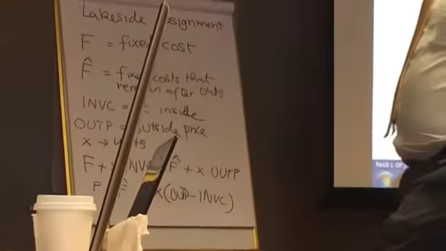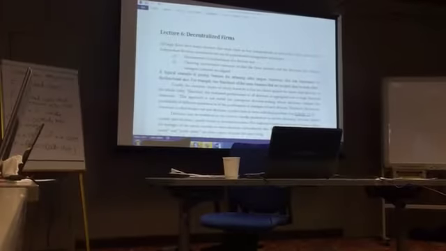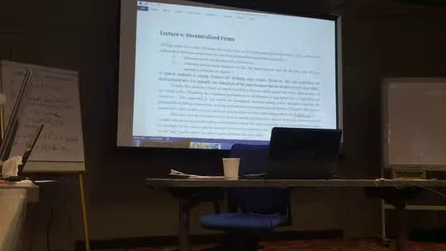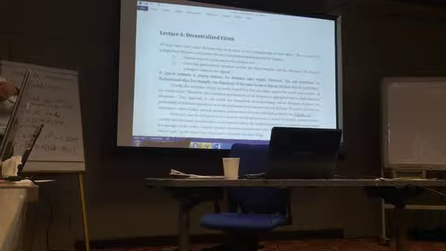So the basic thing in this chapter, chapters 12 and 14, is looking at a firm that is broken out into many separate divisions. We'll do a more concrete example when we come to one of the problems assigned for today's class. So the basic idea is that we have a large firm, we have many divisions, each division is working for itself.